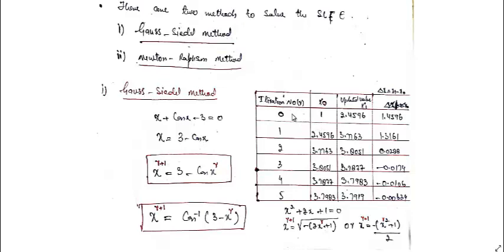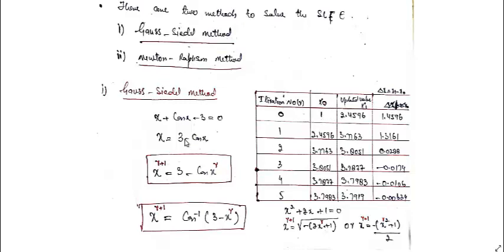You can see I have done this. This is the iteration number. This is the x naught initial value. I have assumed first the value of x is equal to 1. When you do this in the calculator, please change the mode to radian mode. When we do this iterative method, we always start from an initial value. Here the initial value x naught is 1.